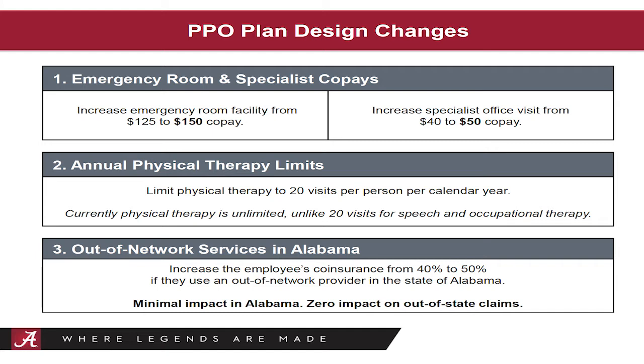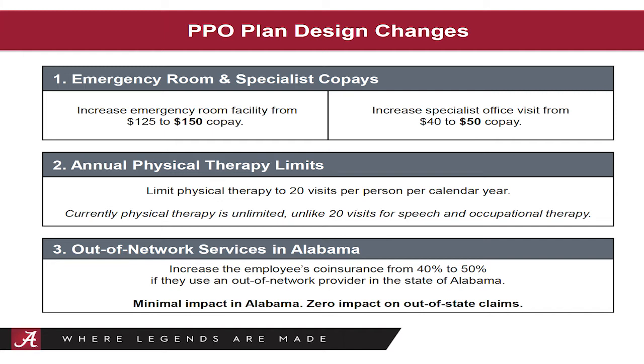There will be a 20 visit per year, per person per calendar year limit on physical therapy. So this is changing to be consistent with the visits that we have for speech and occupational therapy. Currently, physical therapy is unlimited, but starting January 1st, 2019, it will be limited to 20 visits. And also out-of-network services in Alabama.